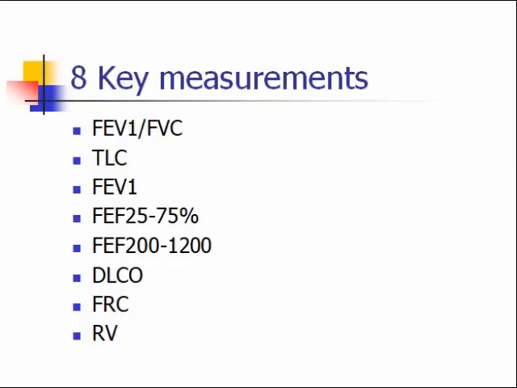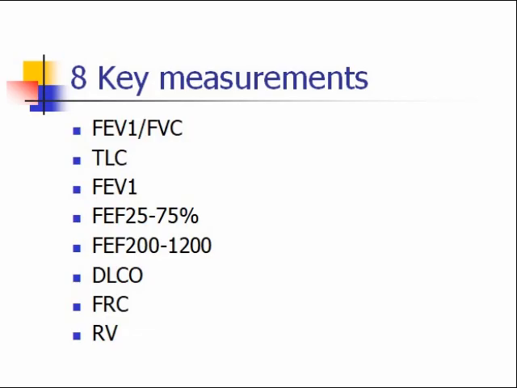So there are 8 key measurements that you should look at. If you can remember these 8 key measurements and what you're looking for, then you should be able to get a pulmonary function interpretation that is almost as good as the pulmonologist's.